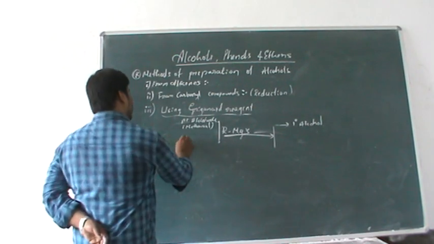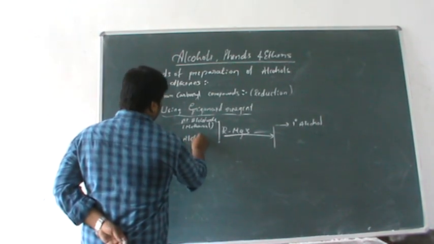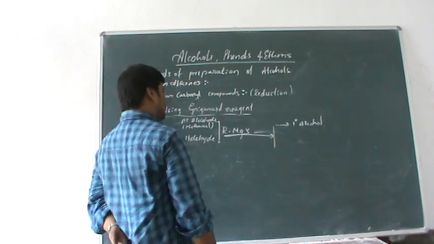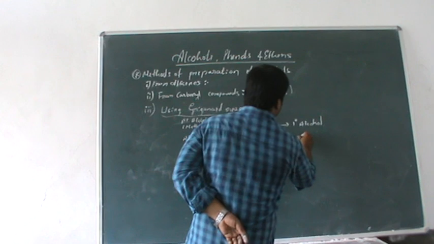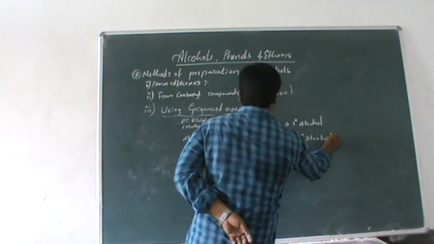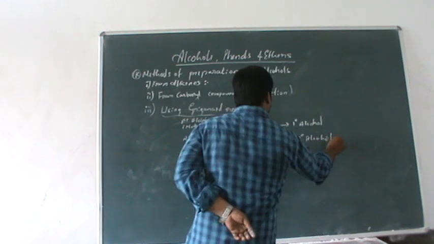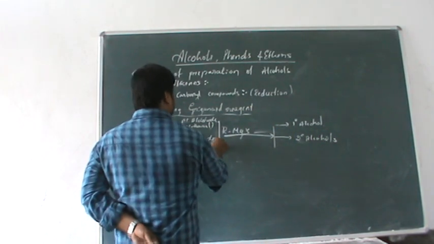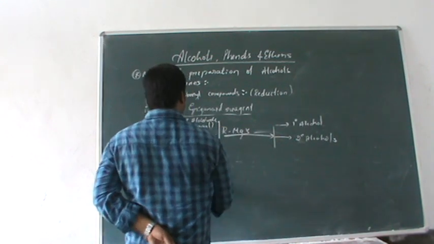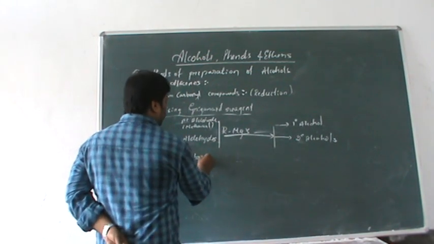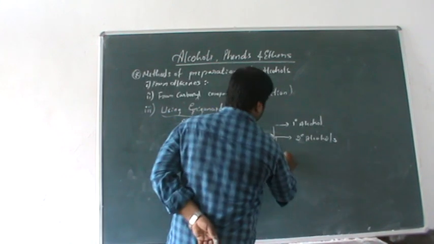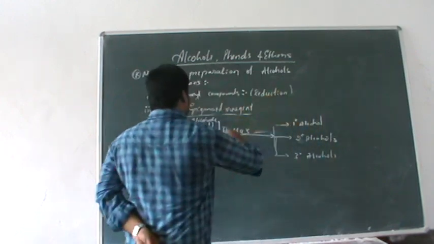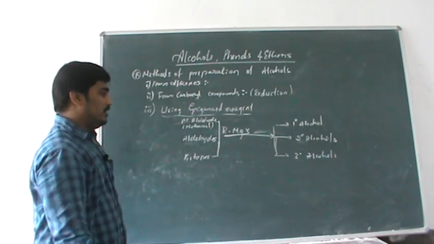If we use other aldehydes, except the first member, except methanal, then it gives secondary alcohol. It's only one possibility, methanal. Other aldehydes give secondary alcohols. Suppose we use ketones, then it gives tertiary alcohol. Please practice this part by considering different examples.